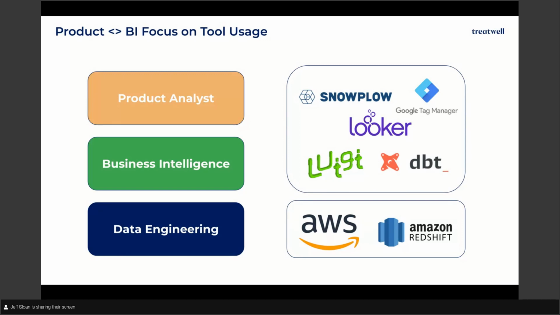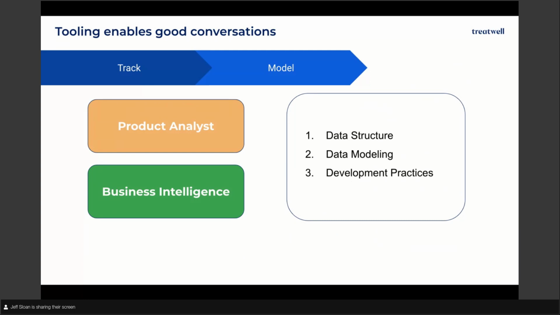We're happy with this flow because the tooling enables the conversations that we think are the right conversations to happen between kind of a central team and these embedded teams. And as I alluded to beforehand, these things might involve thinking about how should we structure the data when we capture it? Where should we model the data? Should that be modeled up front in the data structure when we're capturing it in Snowplow?